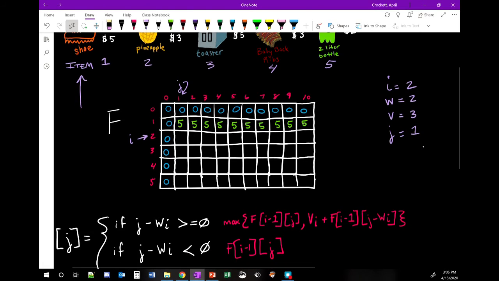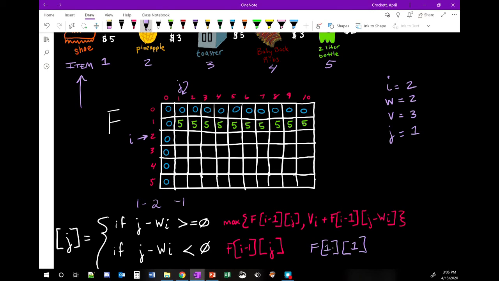So the first thing we do is j, which is 1, minus the weight, which is 2. 1 minus 2 is negative 1. That's smaller than 0. And so f sub 2 sub 1 is going to be f sub i minus 1, which is f sub 1 sub 1, which is 5. So we're going to place a 5 here.